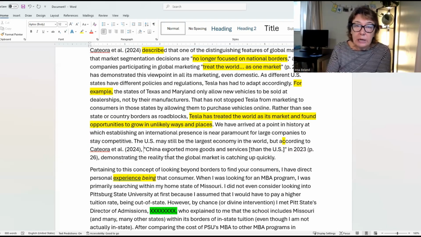It is actually commonly known that China exports more goods and services. So I would rephrase this without using the direct quotation, because the saying is not as strong as the quotations here. I hope it makes sense.